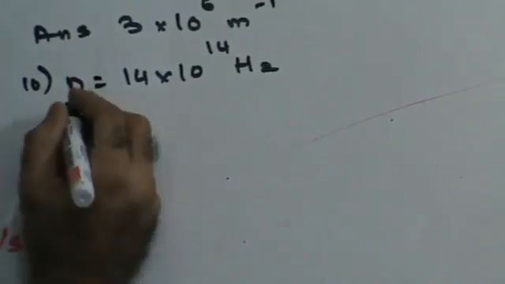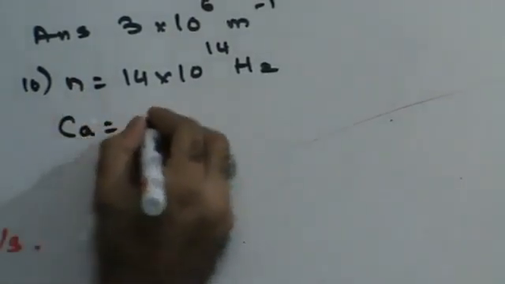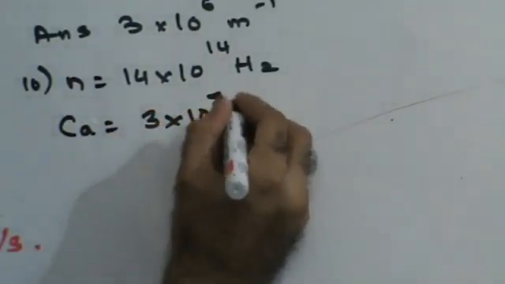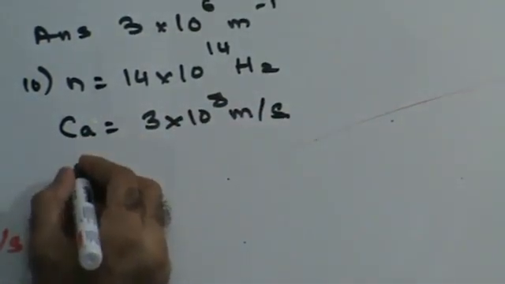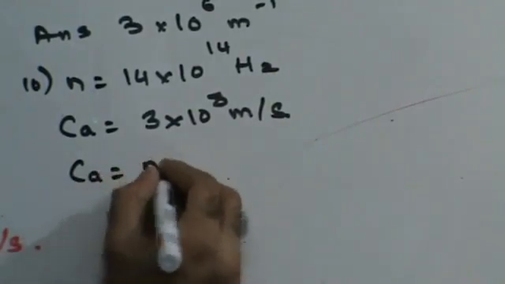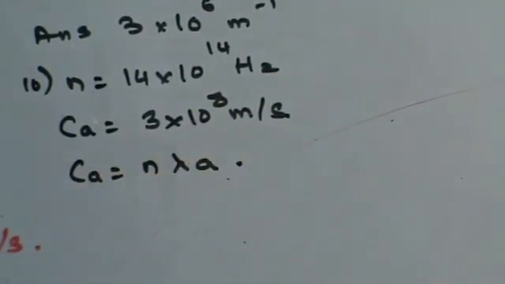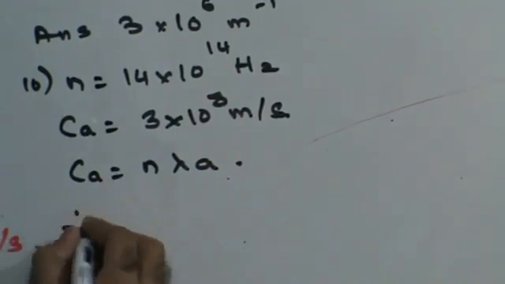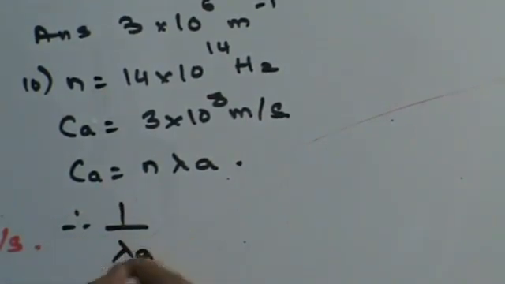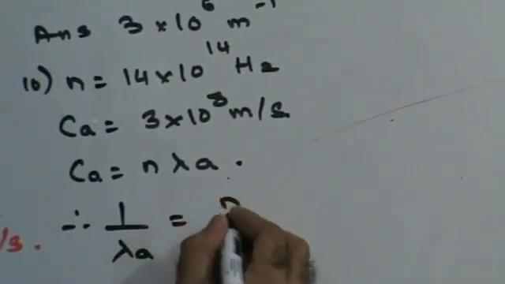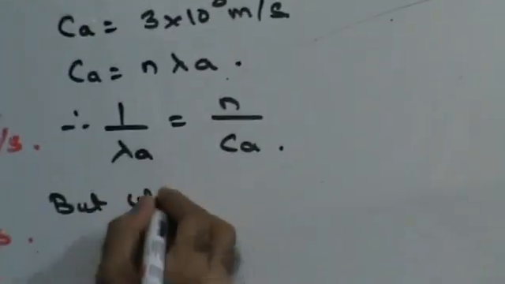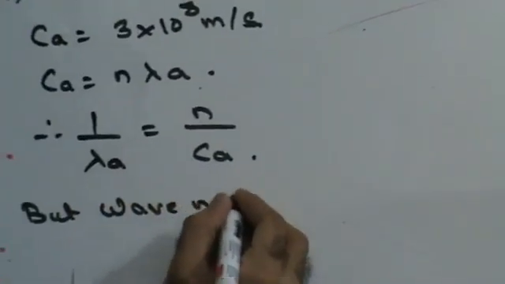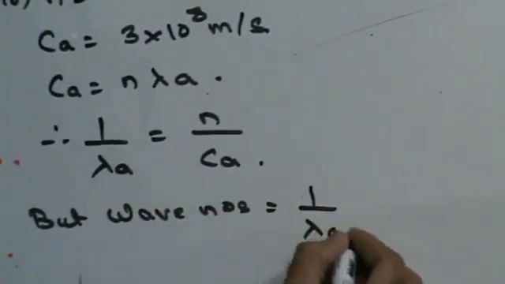Now, we know that velocity of light in air is 3 into 10 raised to 8 meters per second. Now, I can say that velocity v is frequency into lambda, right? So 1 upon wavelength is going to be frequency upon velocity, but wave number is nothing but 1 upon wavelength.